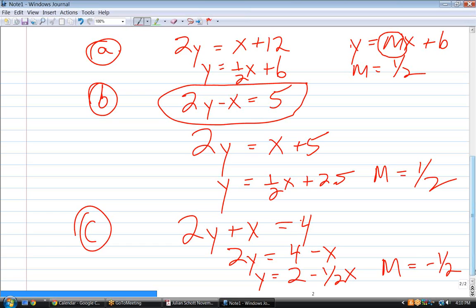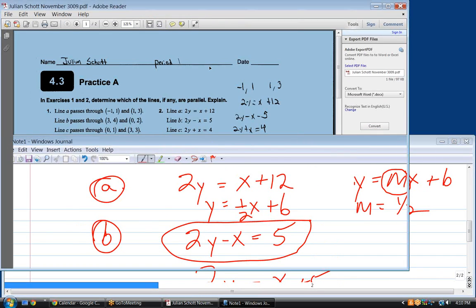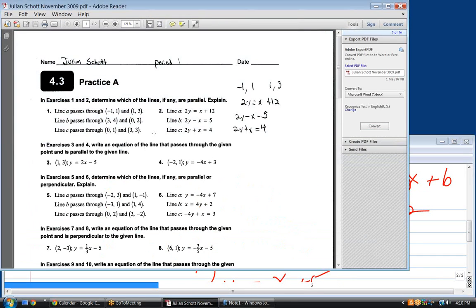So the only two lines that are parallel here are A and B. Yeah. And that's pretty much the name of the game when you're trying to prove parallel: same slope.